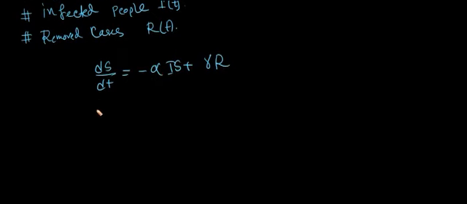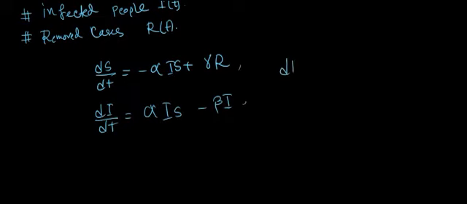Similarly, one will have another differential equation for the infection rate, di by dt equals alpha I minus beta I, and finally one will have another differential equation dr by dt equals beta I minus gamma R.